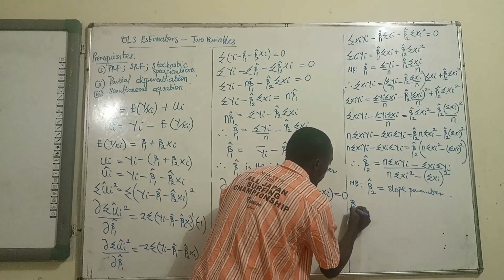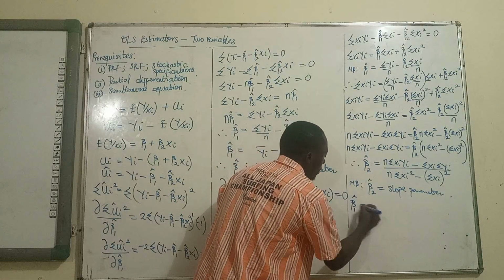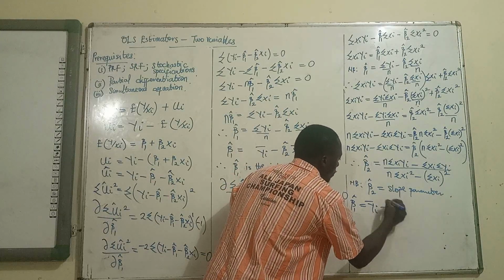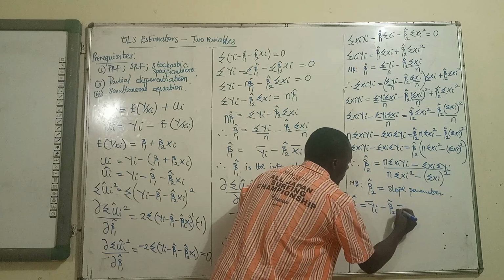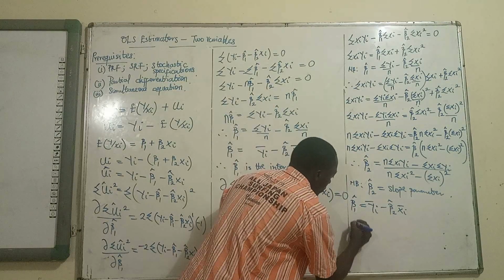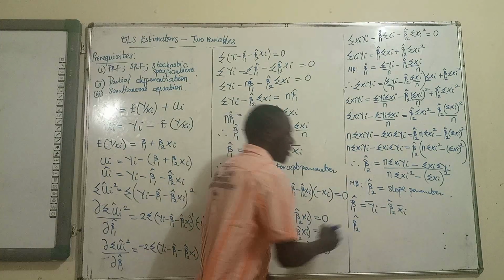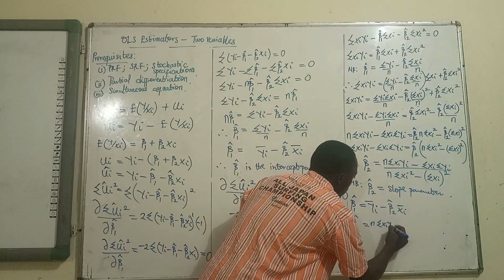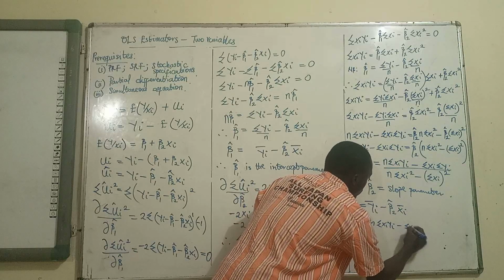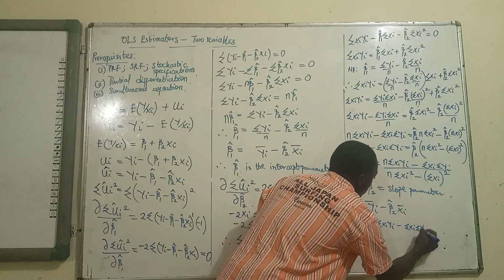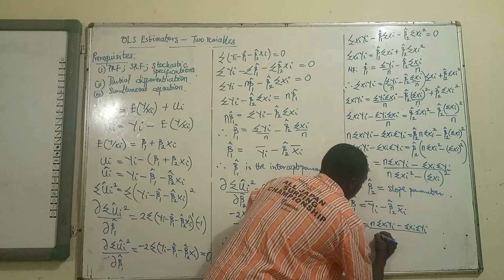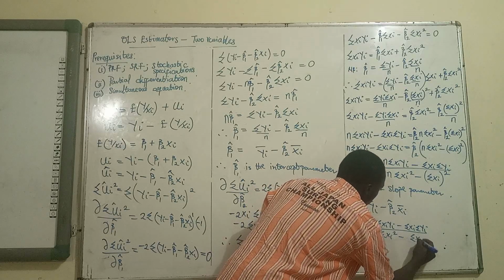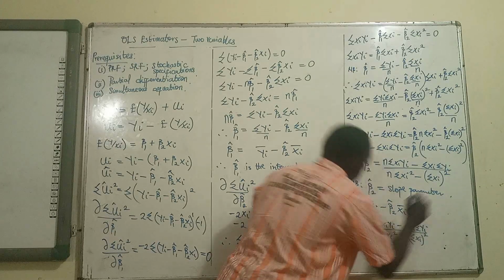Okay, let's give a summary of everything we've done. We have our beta 1 cap, the intercept parameter, to be the mean of yi minus beta 2 cap multiplied by the mean of xi, where beta 2 cap, that's our slope parameter, equals n summation xi yi minus summation xi summation yi divided by n summation xi squared minus summation xi all squared.